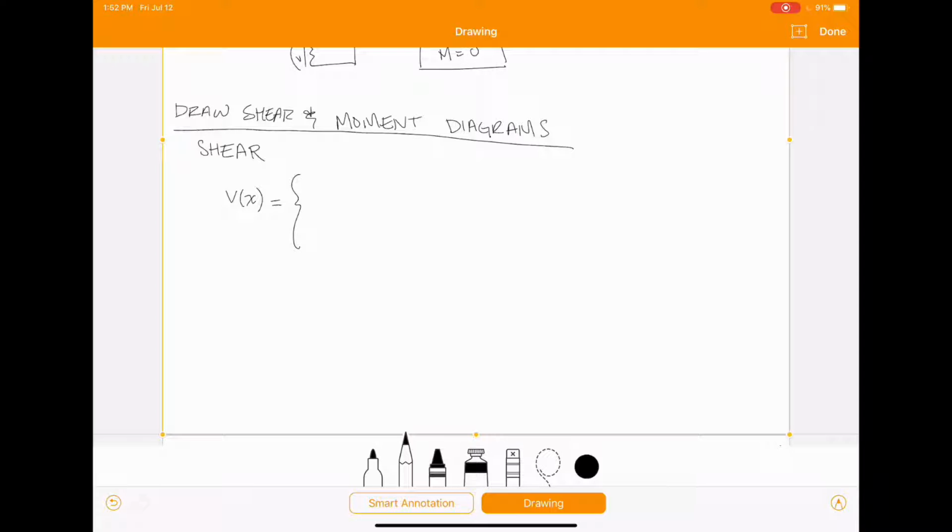So v of x is going to equal negative 2x plus 20 for x between 0 and 5 feet. It's going to equal 10 for x being between 5 and 7 feet. And then it's going to be 0 between 7 and 9 feet.